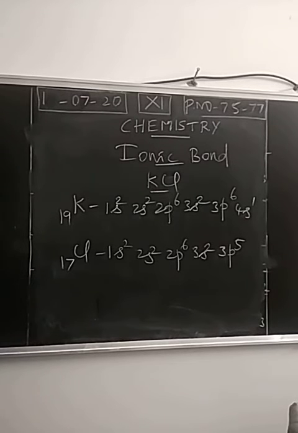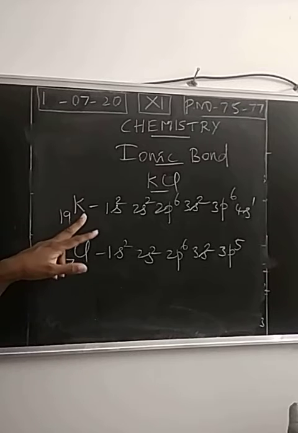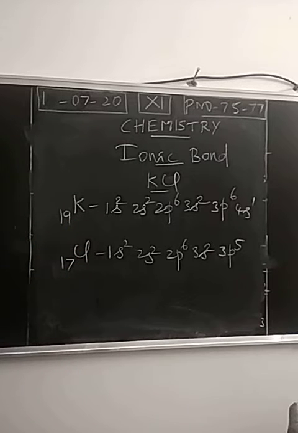But in this case, what will be the possibility? Will there be transfer or sharing of electrons between potassium and chlorine? As we said already, potassium is electropositive and chlorine is more electronegative. Potassium has the tendency of losing an electron, and chlorine has the tendency of gaining an electron. So an electron can be transferred from potassium to chlorine.